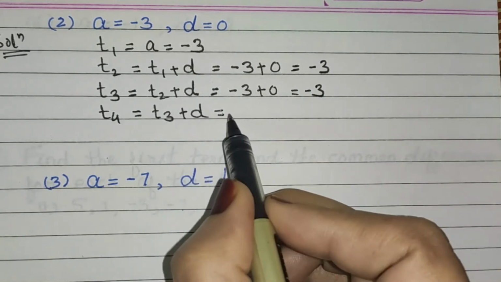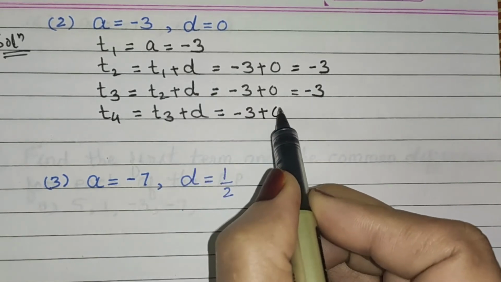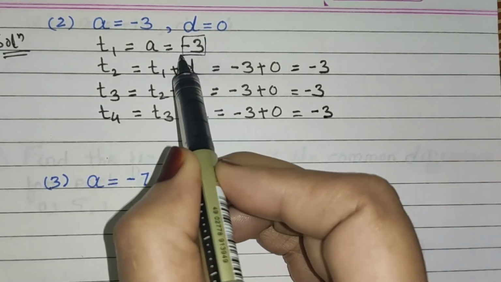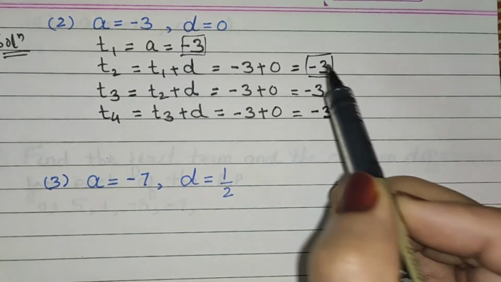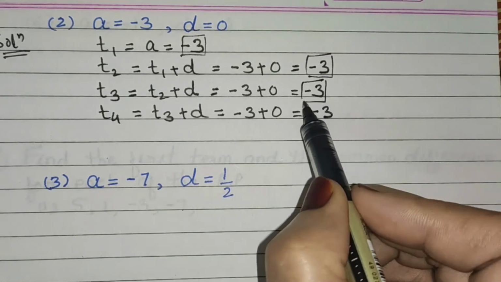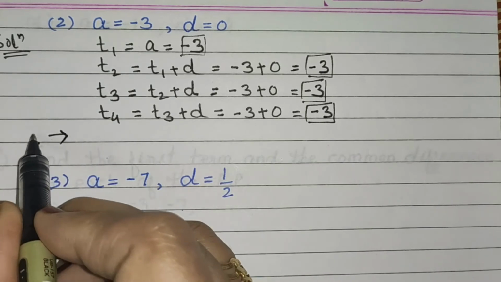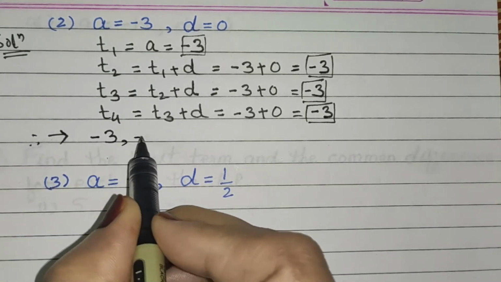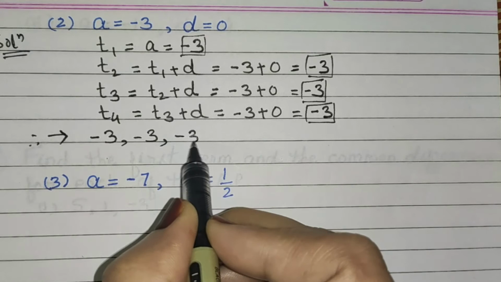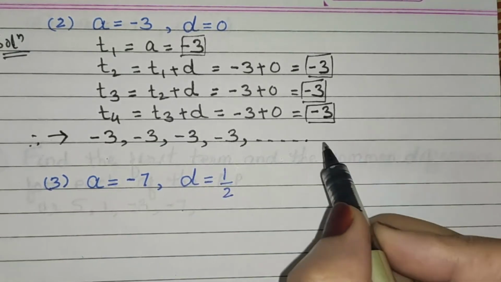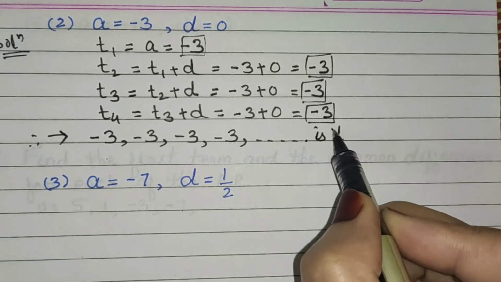Now the value of T3 is minus 3 plus 0, which is equal to minus 3. Now the first term is minus 3, second one is also minus 3, T3 minus 3 and T4 is minus 3. Write down the answer. Therefore minus 3, minus 3, minus 3, minus 3, and so on is the required AP.